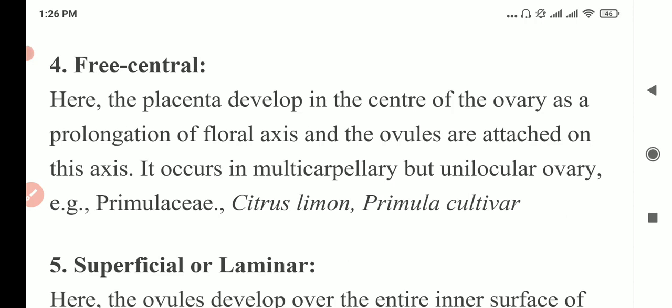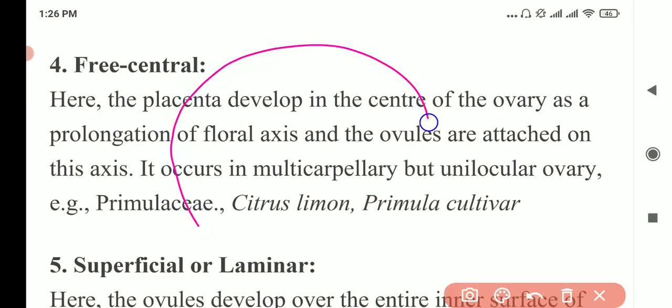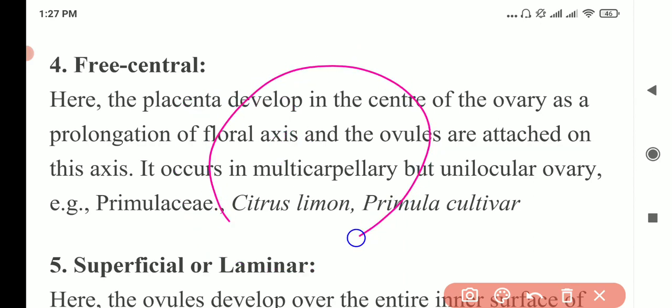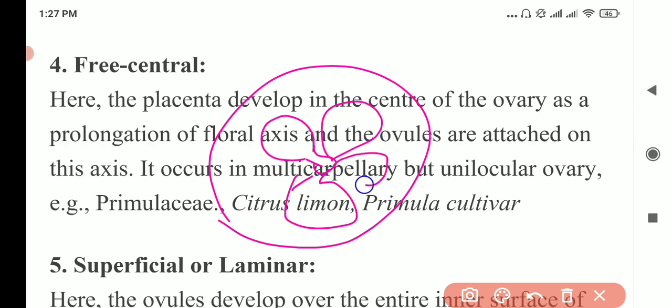Okay, so next is the free central. Here, the placenta develops in the center of the ovary. Suppose this is the ovary chamber. The placenta is here, and then the ovules come like this, in a star, but this is the opposite star.